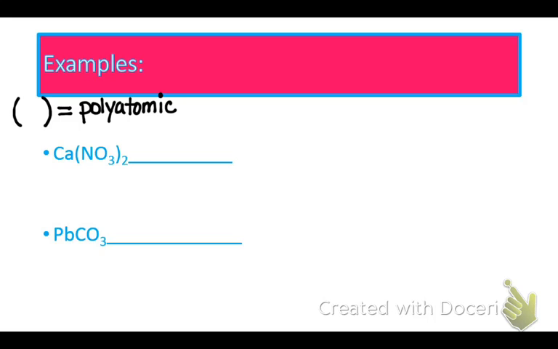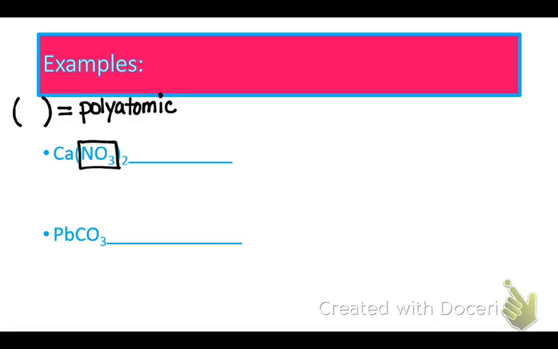Besides the fact that you can count and go, okay, 1, 2, 3 elements, the parentheses should tell you that you have a polyatomic. And in fact, the parentheses kind of circle the polyatomic for you, so you don't have to do a lot of looking for what the polyatomic is.